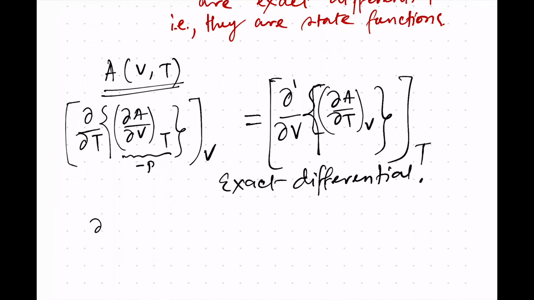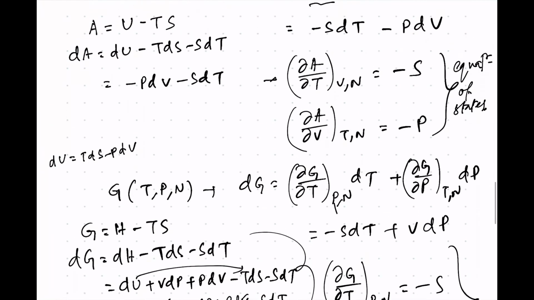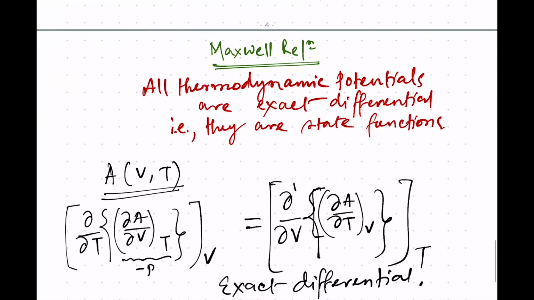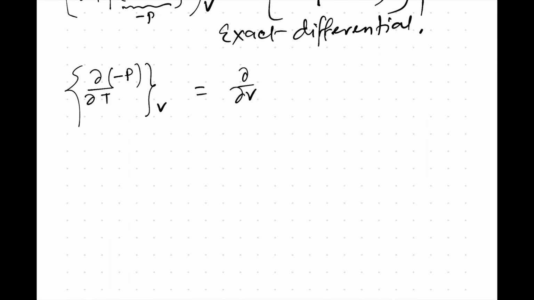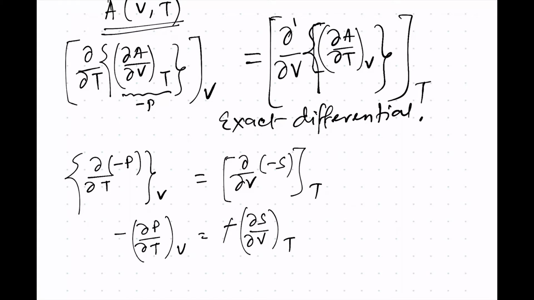So, we write del T of minus p at a constant V is del V of, what is dA by dT at a constant V? dA by dT at a constant V, I will show you, is minus S. Minus S at a constant T. So, minus del p del T at a constant V is minus del S del V at a constant T, and minus minus cancels.